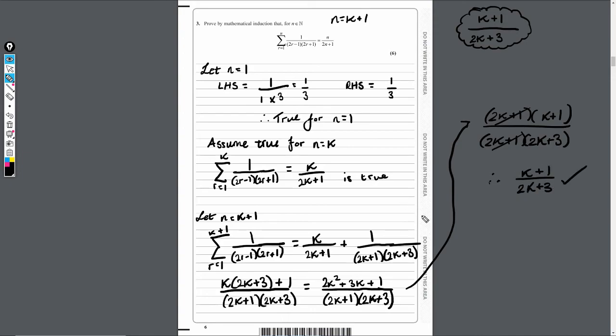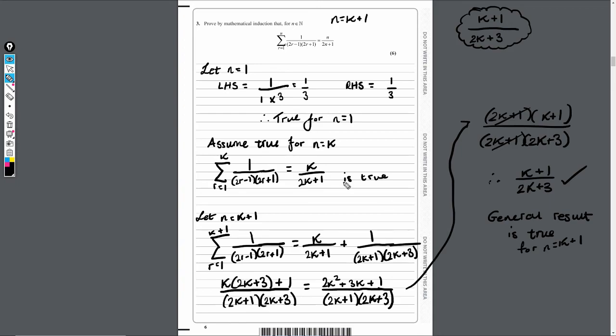So now what we can say is that this general result is true for n equals k plus 1. And we've just got to finish with a little comment.